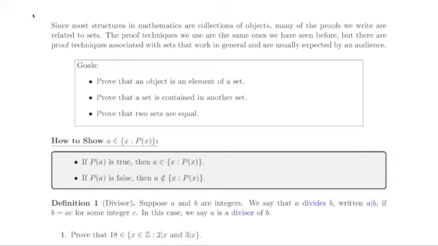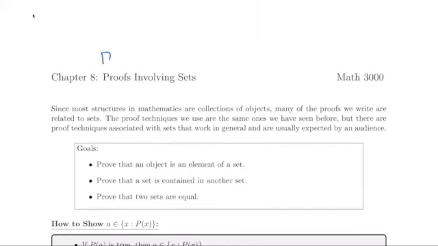In addition to that, I think it's useful to have a separate sheet of proof techniques in general. We'll have other proof techniques with sets, but today we're going to look at how we can apply the one proof technique that we have, direct proofs.